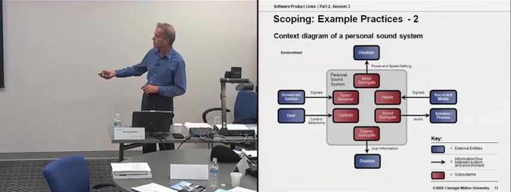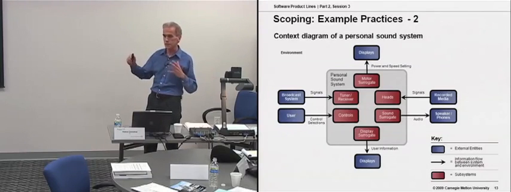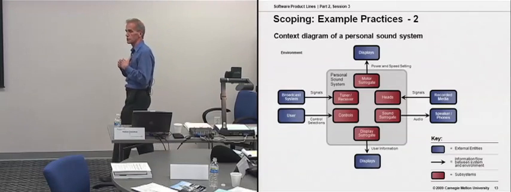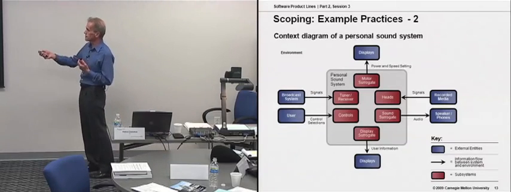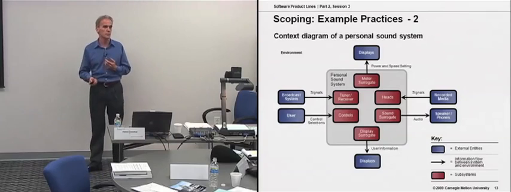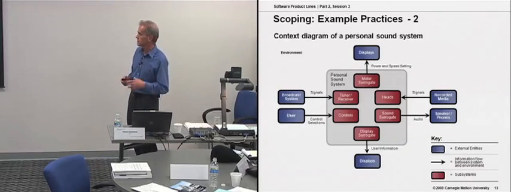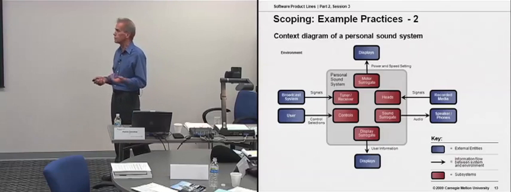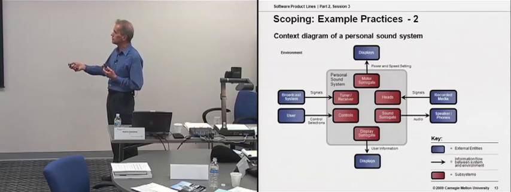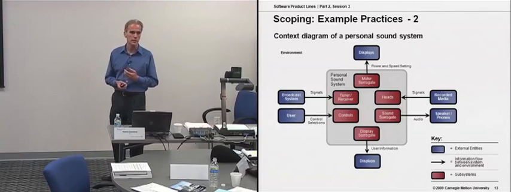You have things like the broadcast system and the recorded media that are definitely things that we as the organization don't produce, but this product or set of products is going to have to interface with those, and so there will be issues of standards and interfaces and so on to take into account to deal with these external entities.